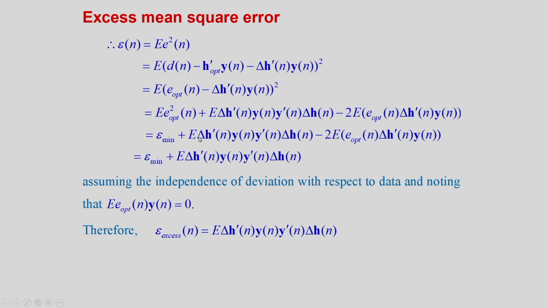So, that way we get the mean square error of the Wiener filter plus E of delta H n transpose into y n y n transpose into delta H n, minus 2 times E of e n into delta H n transpose into y n.